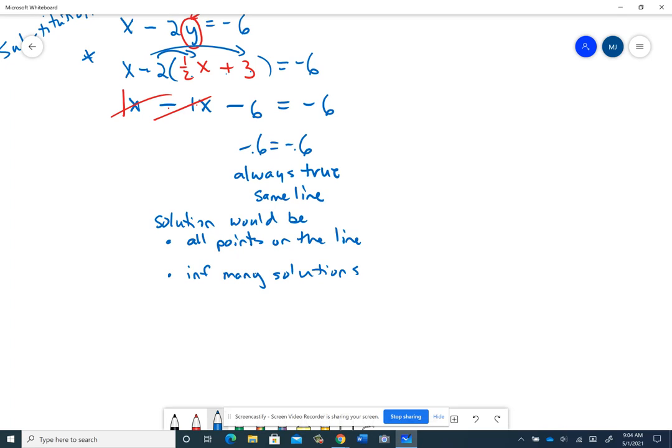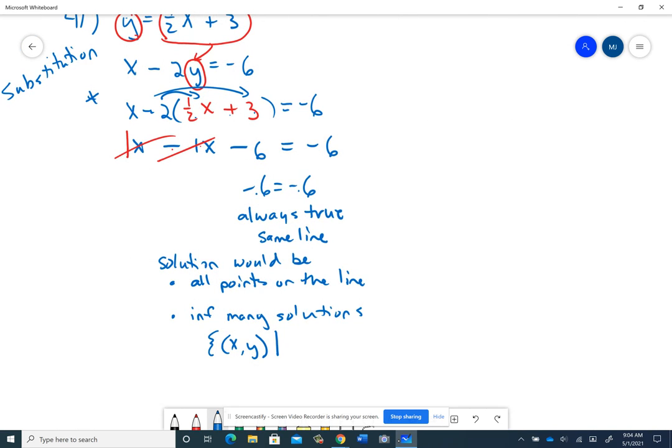What they did on my math lab is they said infinitely many solutions, and then they said all the ordered pairs such that, and then right there they put one of the two equations because they're really the same. So what they're saying is all points on the line. The set of all ordered pairs that satisfy that equation would be your solutions. I'll take all points on the line. I'll take infinitely many if you put that, because that's what my math lab kind of did. Okay, so that's 41.